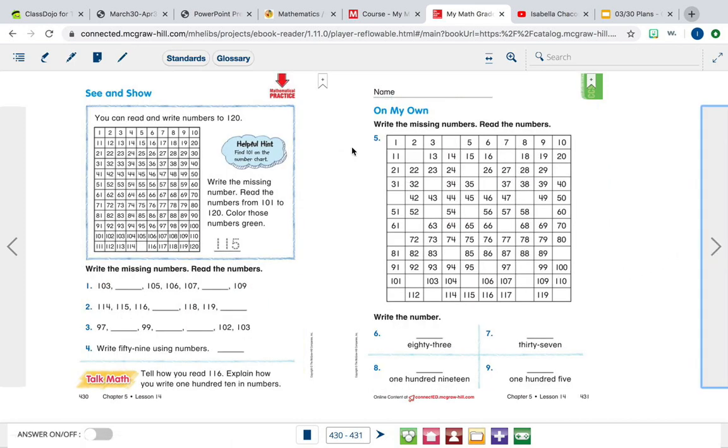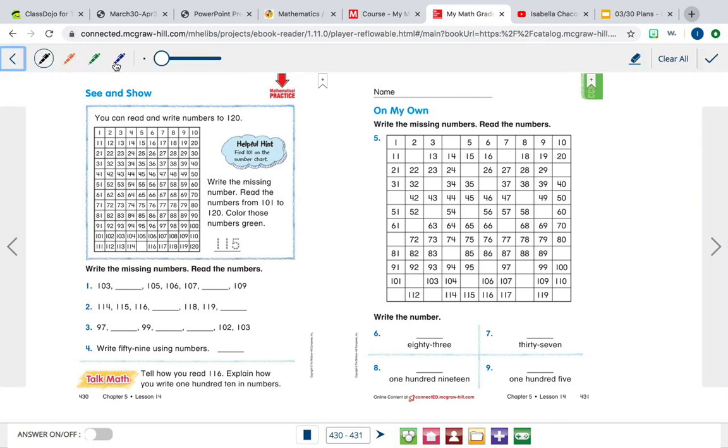Okay, so it says you can read and write numbers 1 through 120. Sorry about that, my friends. So what we're going to do is we're going to write the missing number. We're going to read the numbers from 101 to 120. So let's find 101. Where is 101? Here it is.